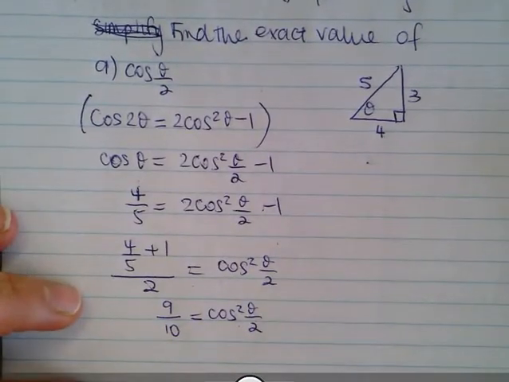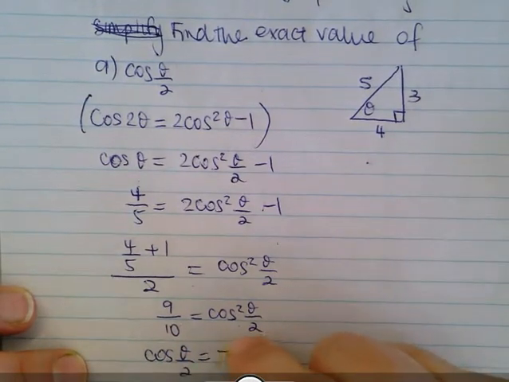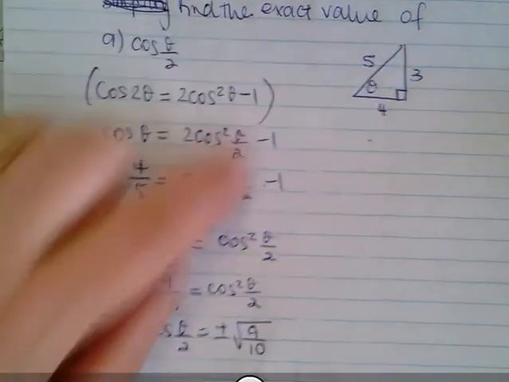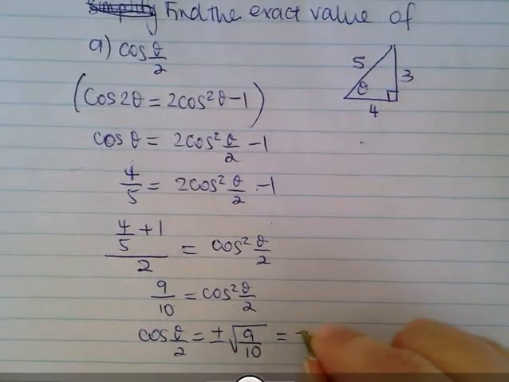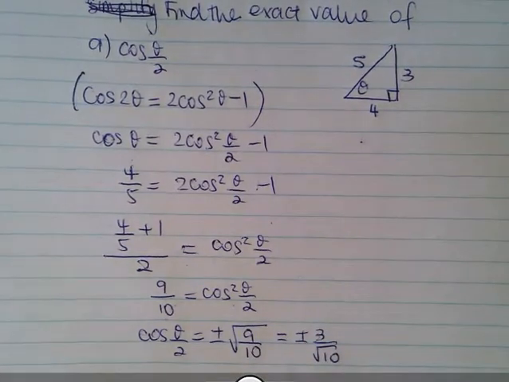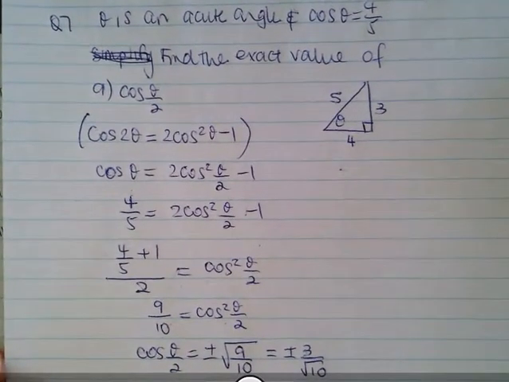So cos theta on 2 equals plus or minus the square root of 9/10. We want the exact value, by the way, which is plus or minus 3 over root 10. Now, it says theta is acute. If theta is acute, less than 90, do you think theta on 2 is also acute? Half of theta? Yeah.